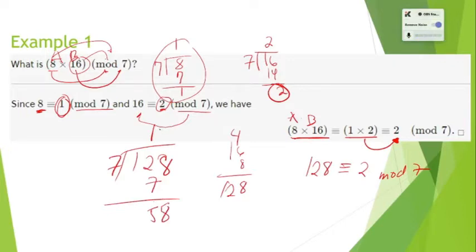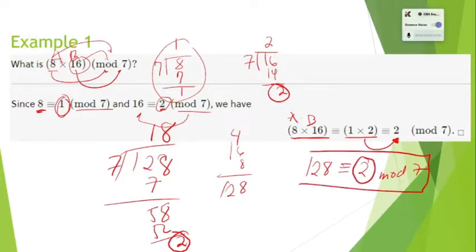So, that is 5, 6, 7, 8. Okay. So, 8. So, that is 56, and we have a remainder 2. So, kaya, ito yung nilagay dito. So, this is the final answer. Okay?